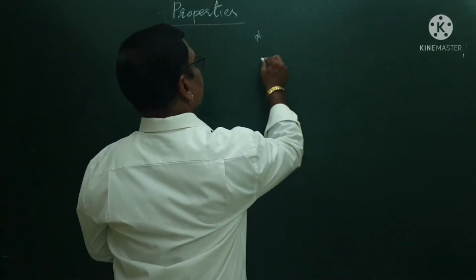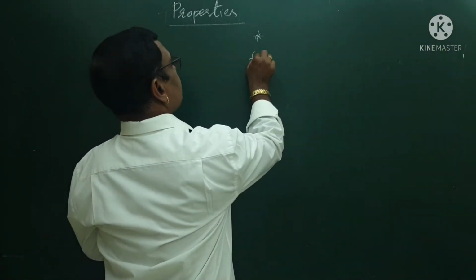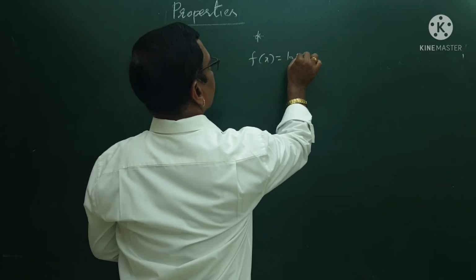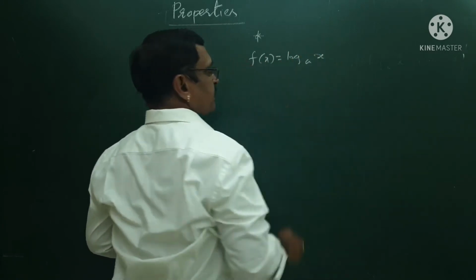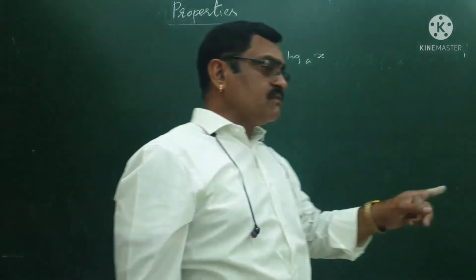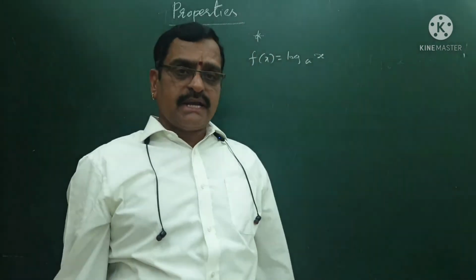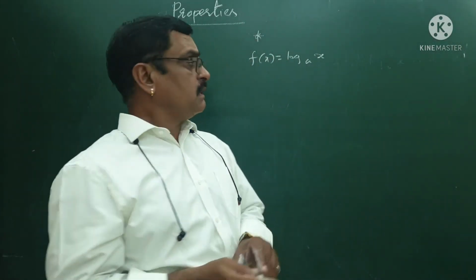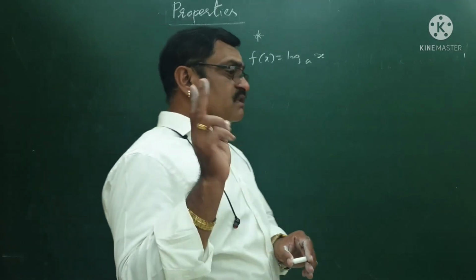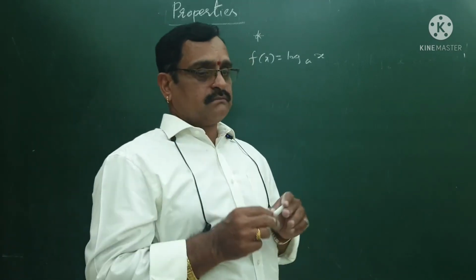An important point, if f(x) = log x base a, my a value is more than 0 and a is not equal to 1. Now, we have two particular cases about the base a.